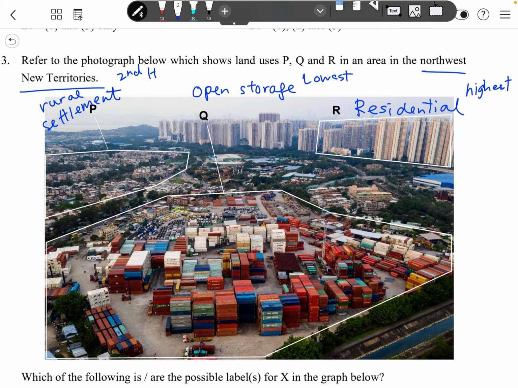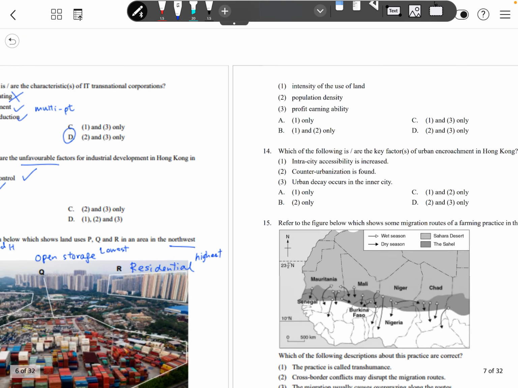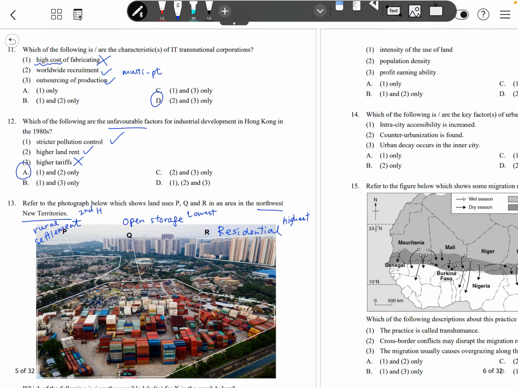Now let's see the right hand side to match with the items. Number 1, intensity of the use of land. Residential land use is the highest, correct? Second highest is rural, yes. Last one, open storage. So number 1 is correct.